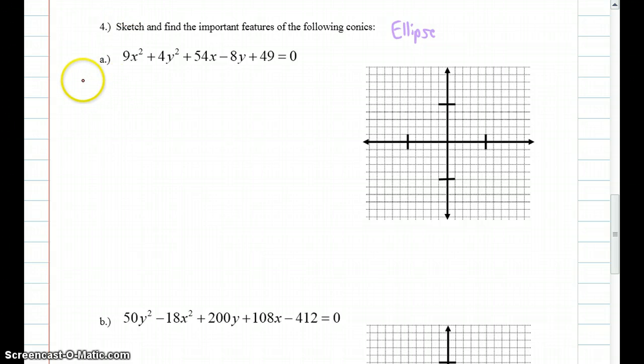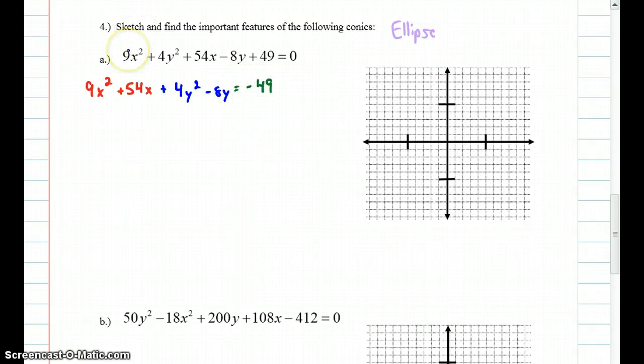So let's get started. First thing I'm going to do is clump together all of the x stuff, so 9x squared and 54x. And I'm going to clump together all of the y stuff, 4y squared and negative 8y. And I'll bring that 49 to the other side.